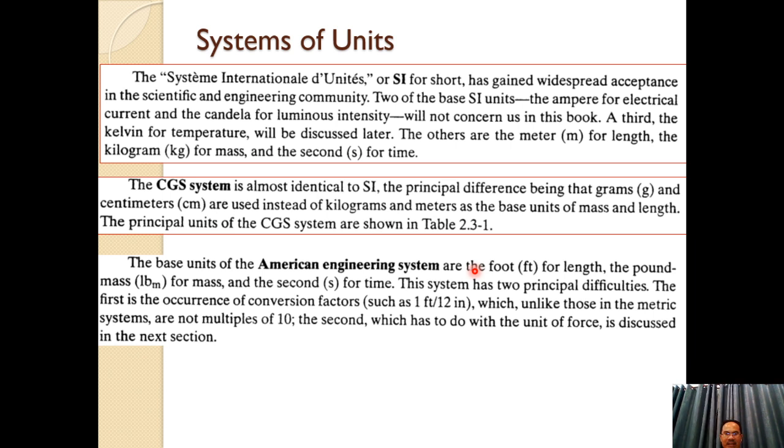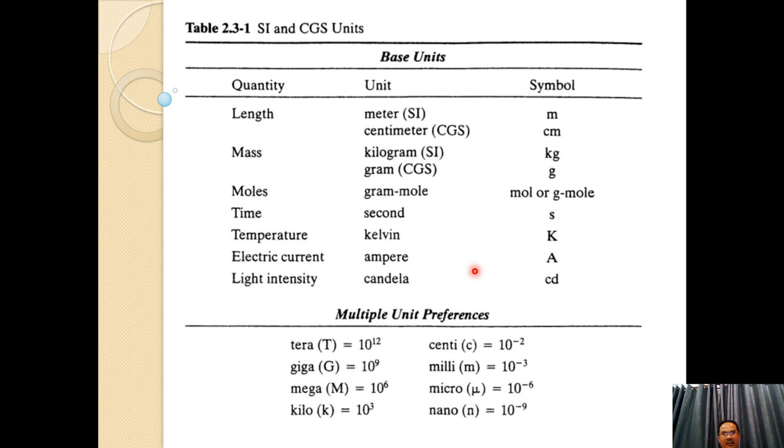In this course, I follow a textbook that is more SI, with some examples in the American engineering system.